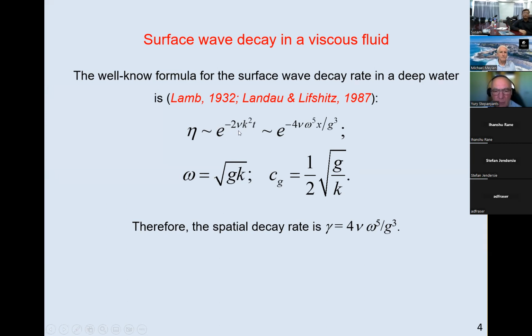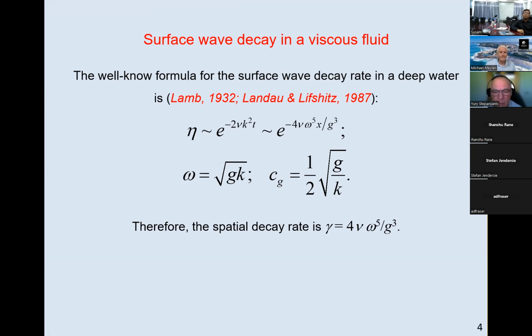This can be recalculated in terms of the spatial wave decay. In this case, the decay rate is proportional to frequency to the power 5. So this is the result of analytical study.